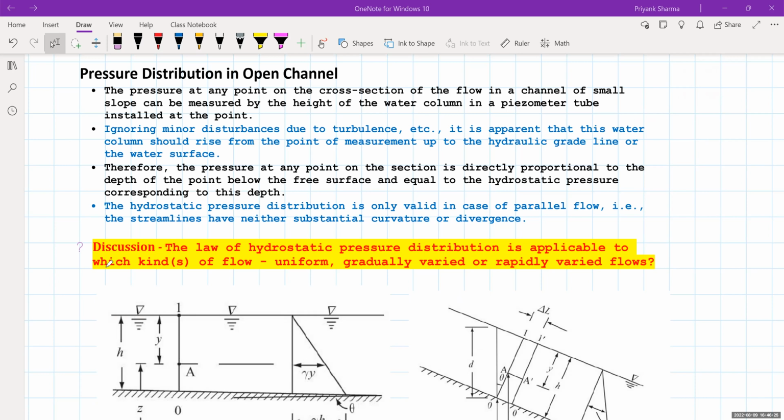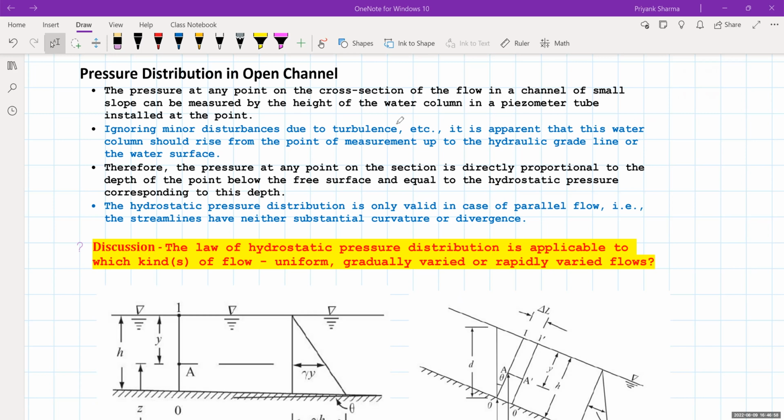Now, since we need to measure the pressure in an open channel of very small slope, the height of water column in the piezometer will be noted. Usually the minor disturbances that occur due to turbulence are neglected, and whatever value is being shown in the water column, that we consider as the pressure at that particular point.